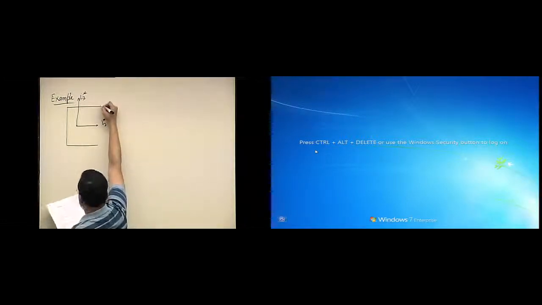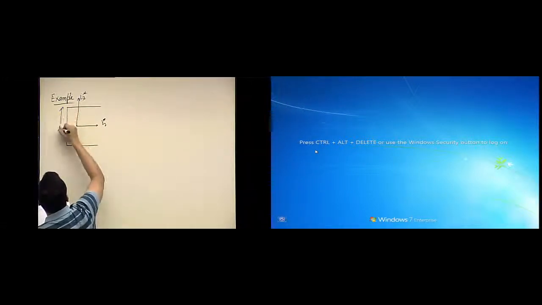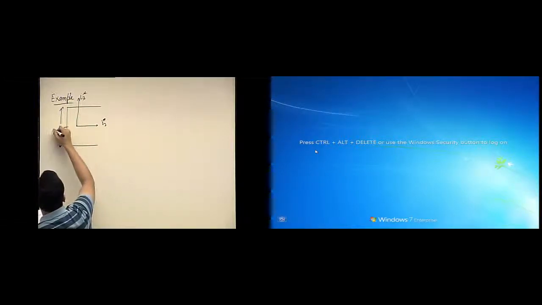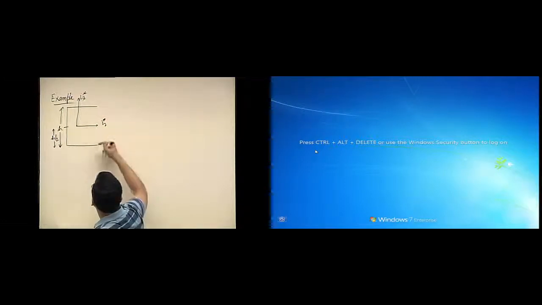Now the dimensions are such that this height is h. So the centroid will be at h over 2 because it's symmetric. And this width is b.